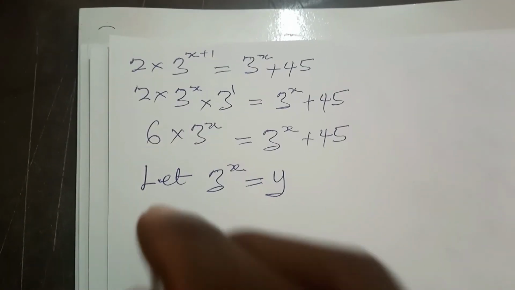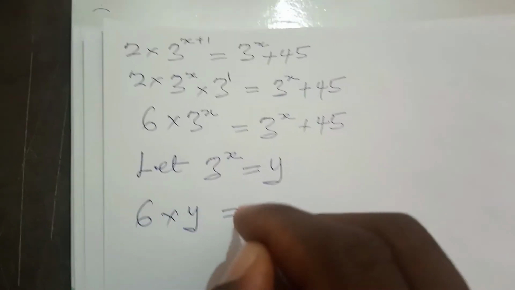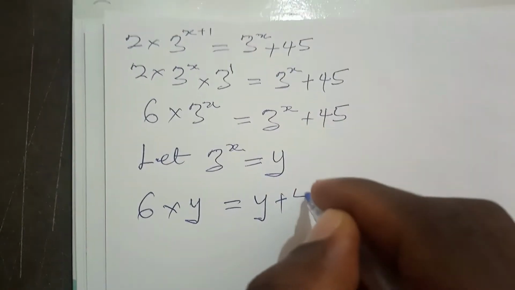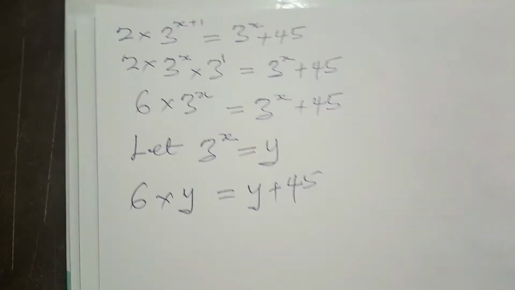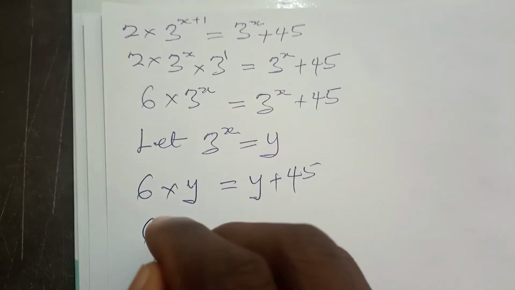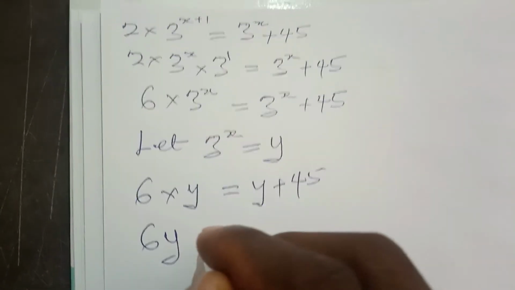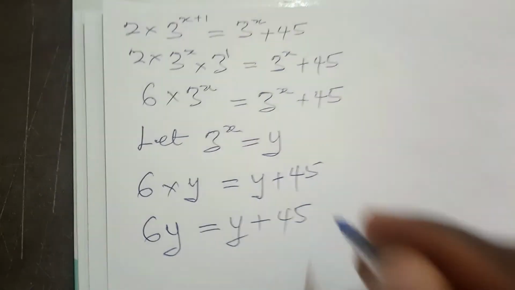So this is going to be 6 times y being equal to y plus 45. Right. So at this level, everybody can solve because this is what we all know. So 6 times y will give us 6y, which will equal y plus 45.